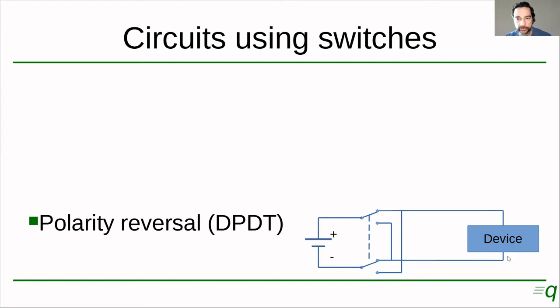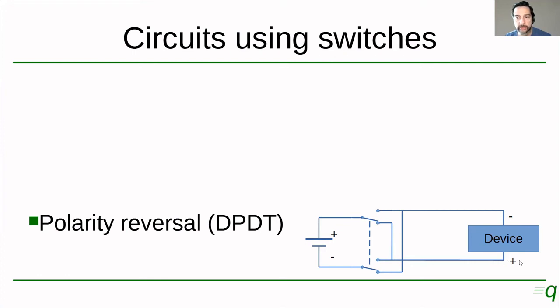So when the switch is in this position, we have positive on top of the device and negative on the bottom of the device. What happens when we toggle the switch to the other position? The positive side now is connected over here to this wire that has no effect, but it's also connected to the bottom of the device.